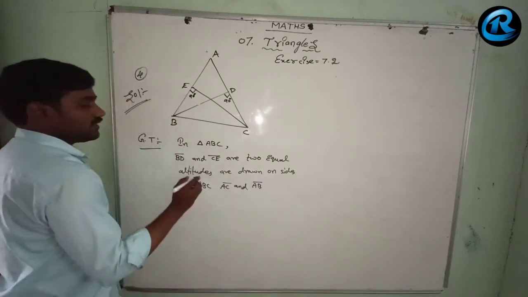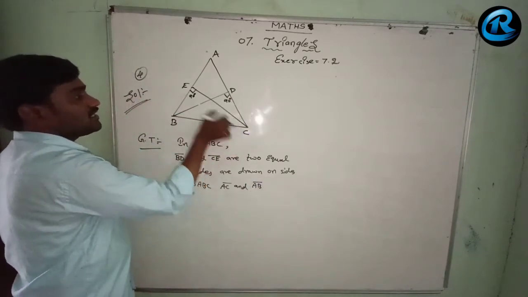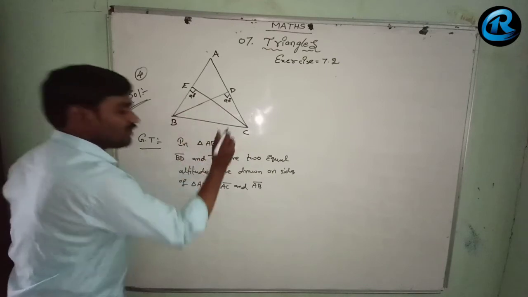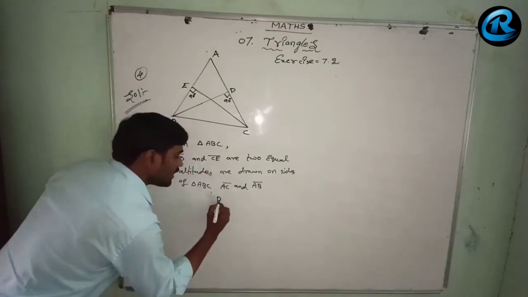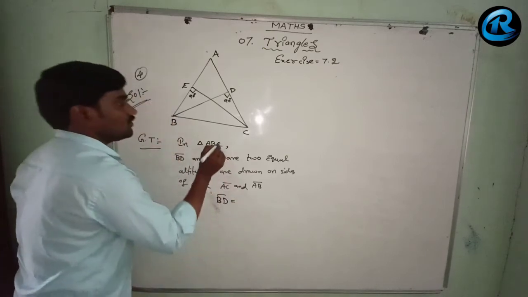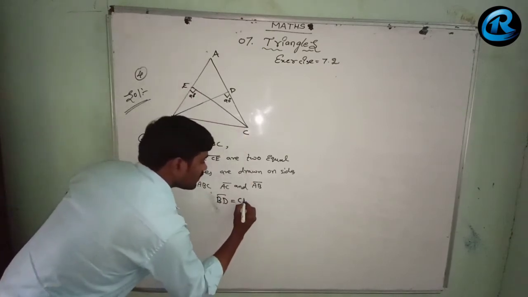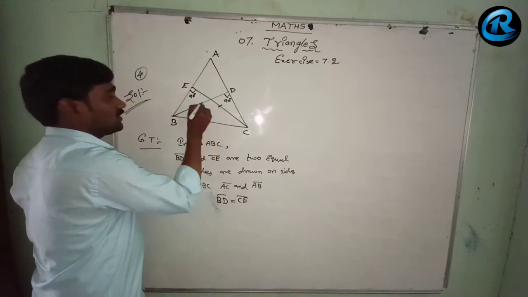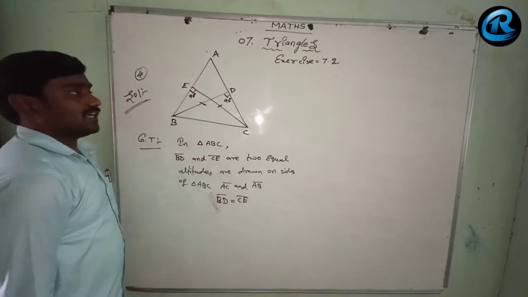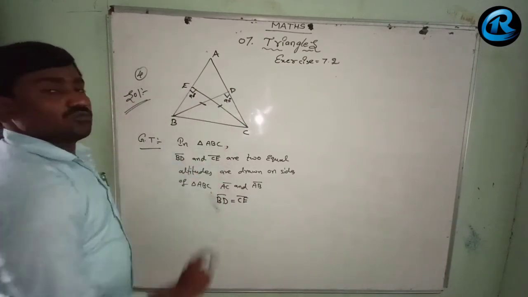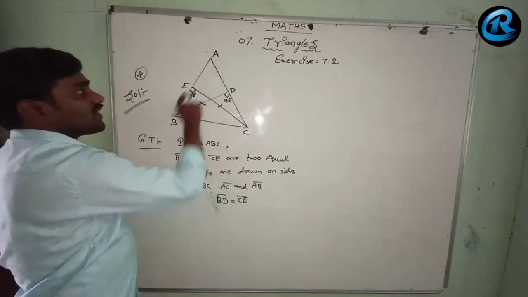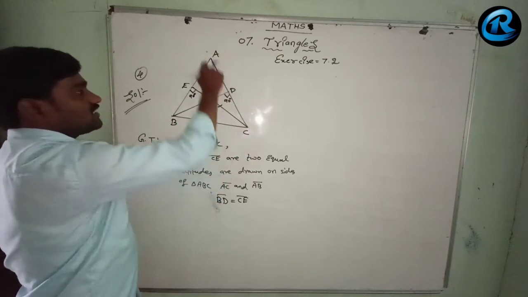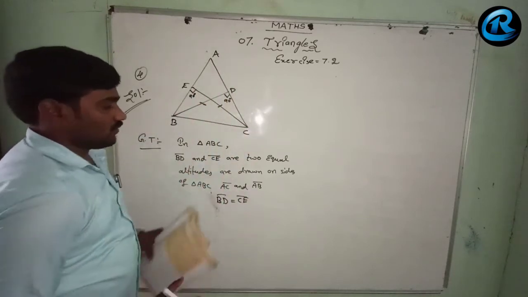So here it is given that BD is equal to CE. So already these altitudes are equal. CE and BD, two altitudes drawn on the sides of triangle ABC, that is AC and AB, are equal. That is what I wrote here.